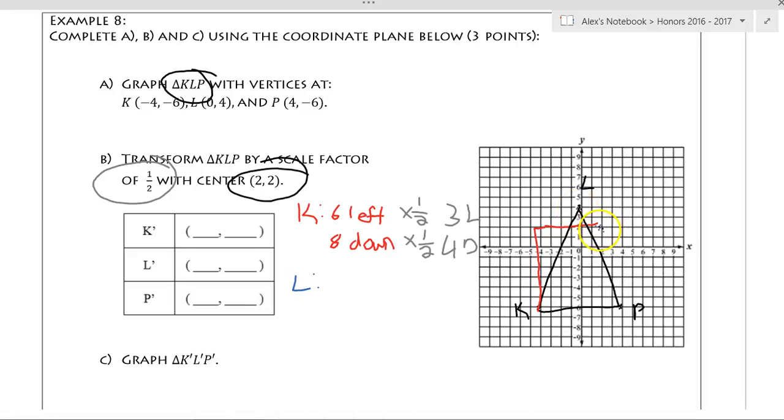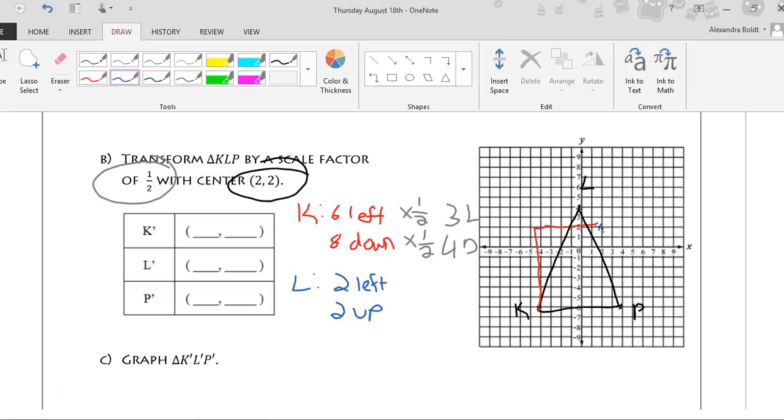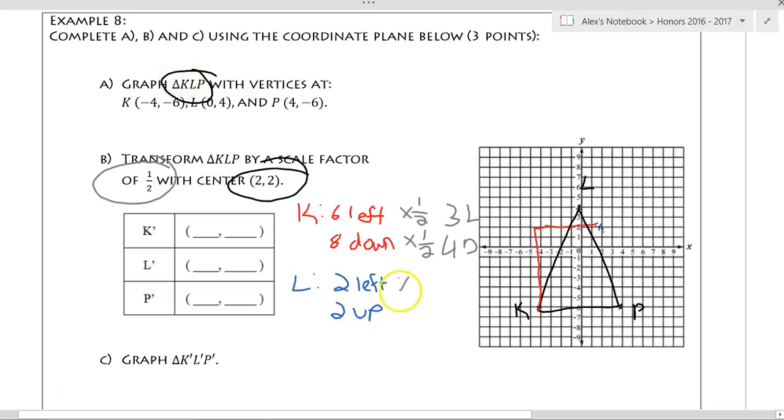From that center point, it's 2 left and 2 up. So again, you're always starting back at that center point. Again, I'm going to multiply these by 1/2. So 2 times 1/2 is 1 left, 1 up.